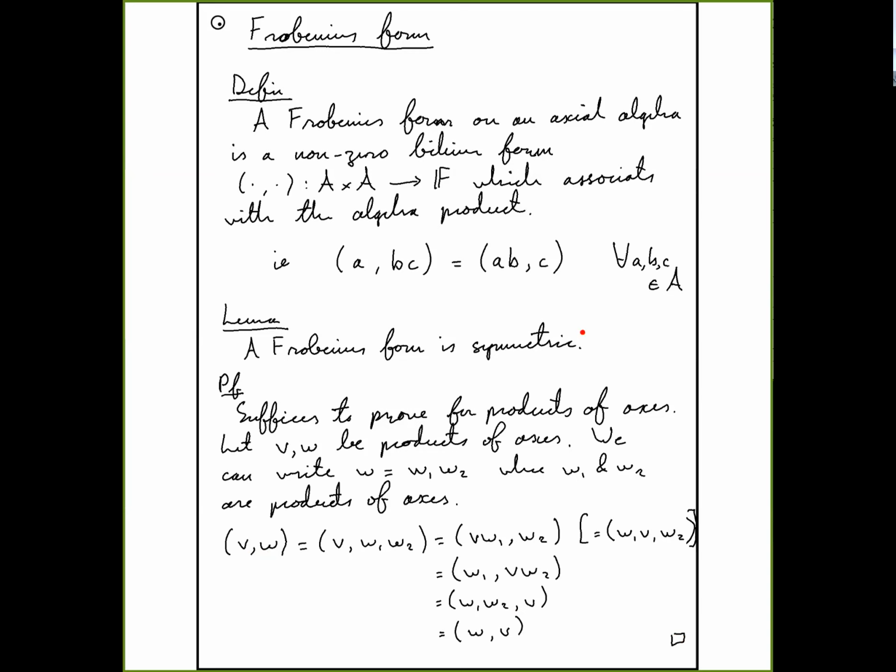Okay, so necessarily all my Frobenius forms are symmetric, so that's quite nice. What other properties do they have? Well, they behave nicely with respect to the decomposition that you get from an axis. So how do we see that? And what do I mean precisely by that?